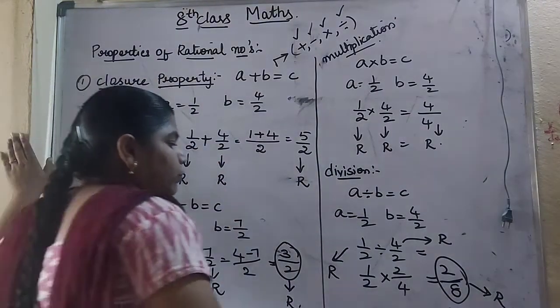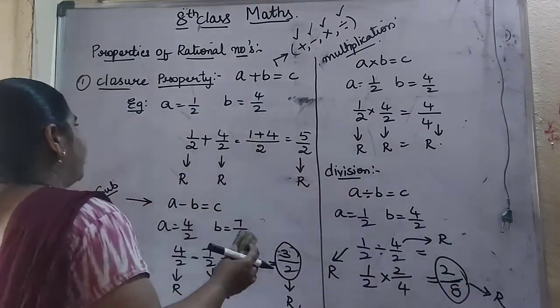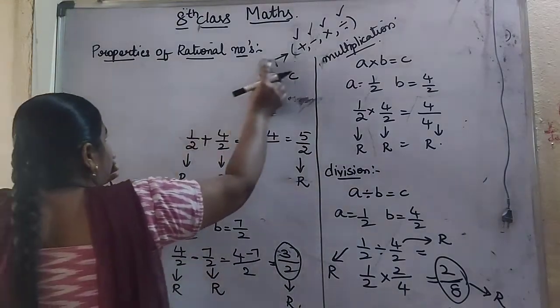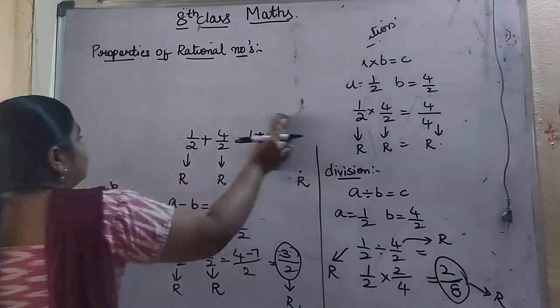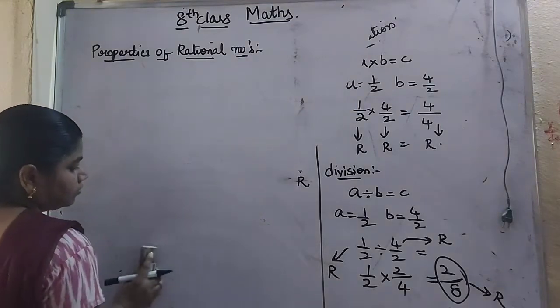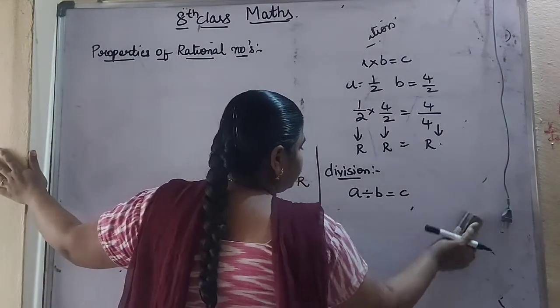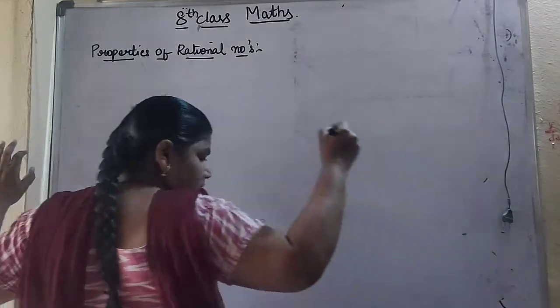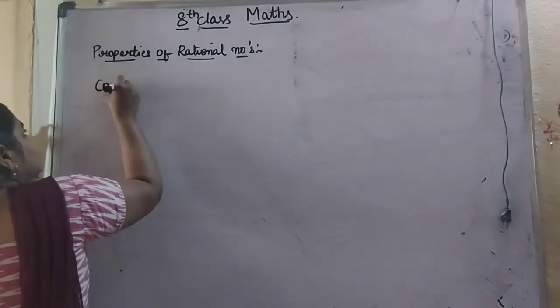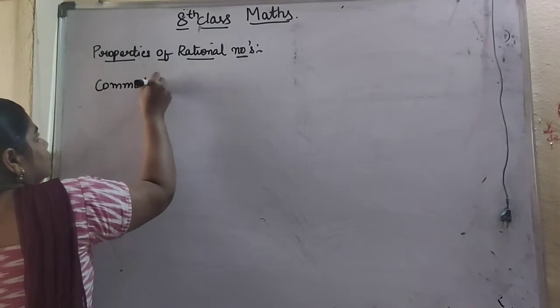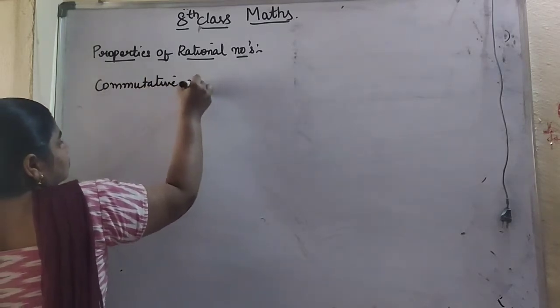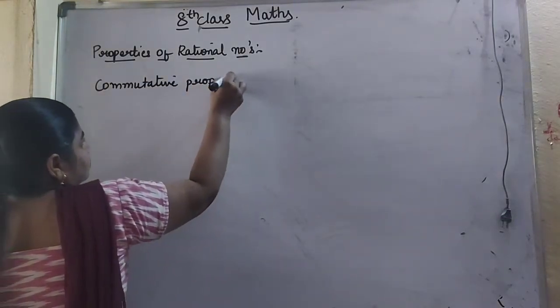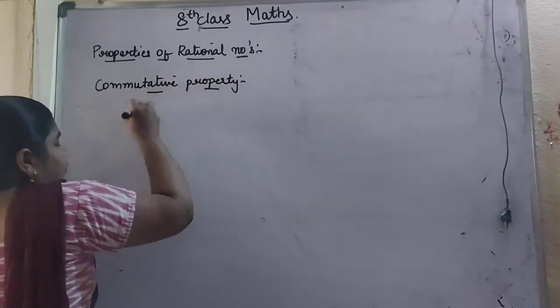Okay, so next property is commutative property. So what is the next property?